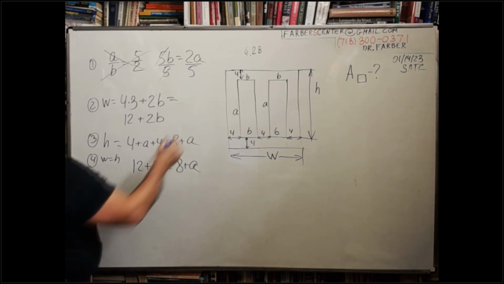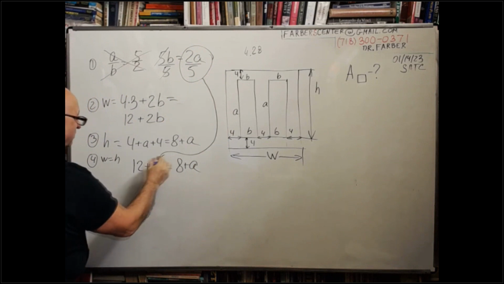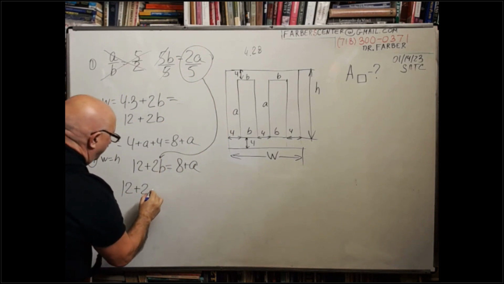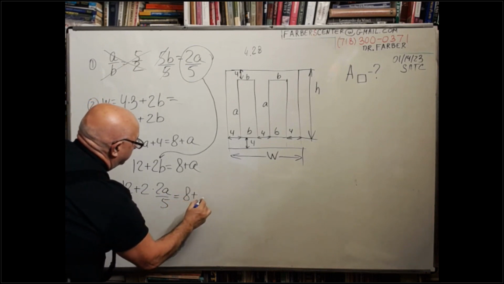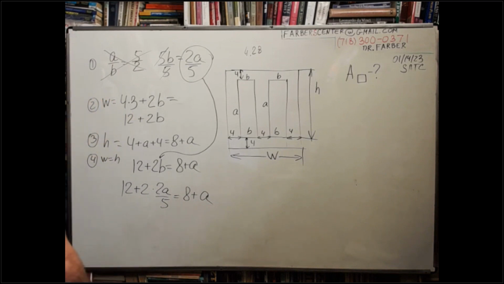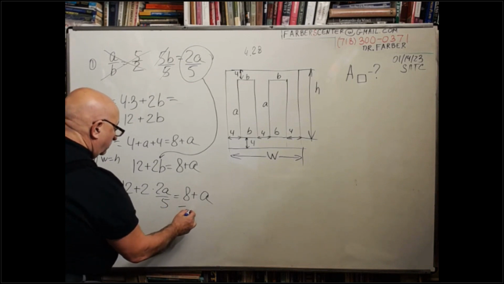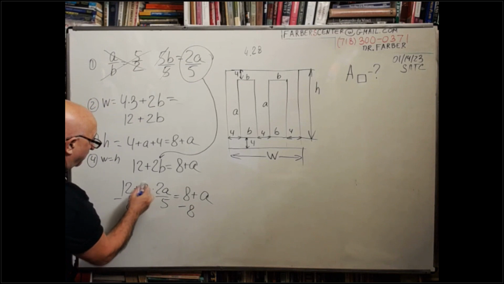But b, remember we found, you can write 12 plus 2 times 2a over 5 equals 8 plus 8. Now you can easily find a from here. How? Minus 8, minus 8. 2 times 2 is 4.